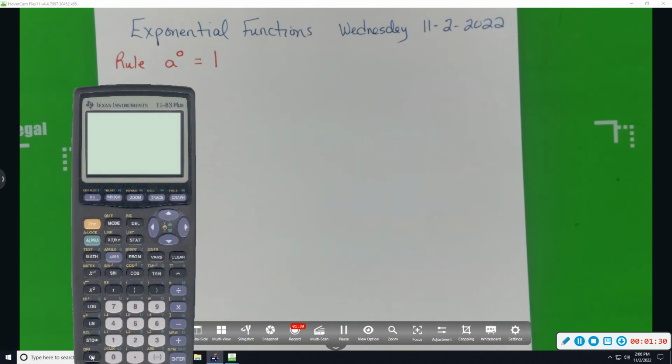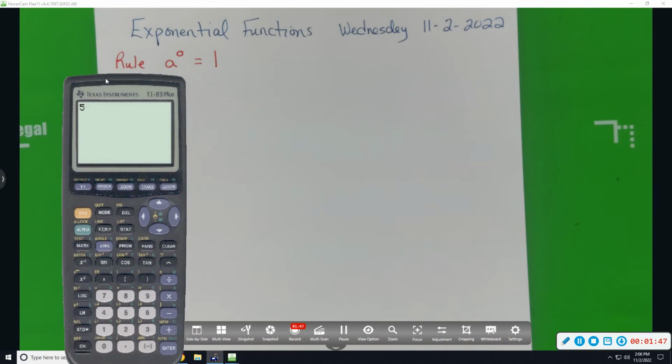Sometimes students don't believe it unless they see it on a calculator. Any number, let's say 5, this little caret top key is how you enter an exponent. There's also a square key and a -1 exponent button. But 5 to the 0 power is 1.